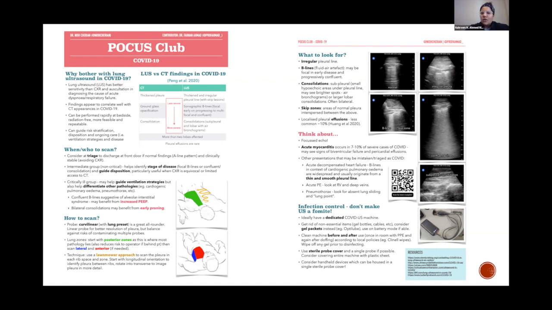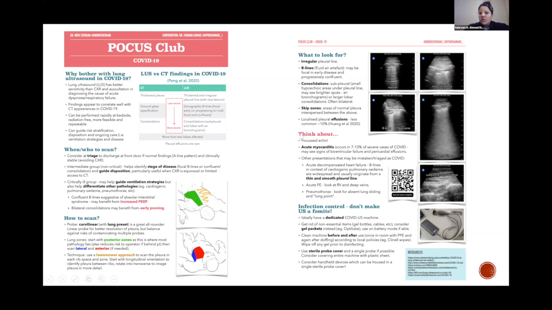Ground glass will look like focal, multifocal and confluent B lines, and consolidation will look like what I talked about: those hyperechoic areas, those chunks of white areas in the lung, or subpleural, those small little white dots below the pleura that move or shimmer as a patient breathes, and those are the air bronchograms. Typically you have more than 2 lobes affected, and pleural effusions are often very rare. Again, how to scan is listed here as well, what to look for, what to think about.